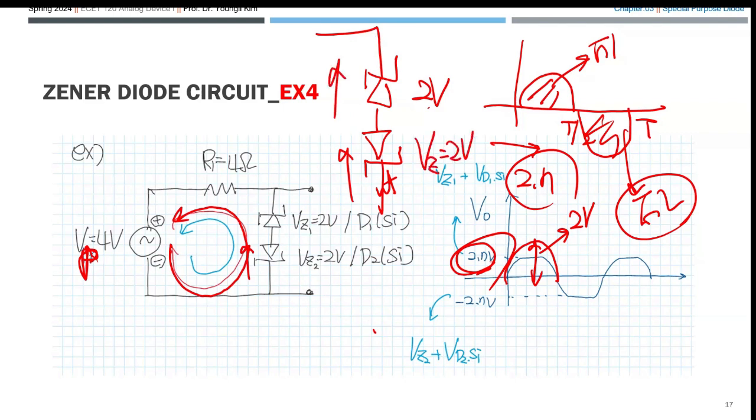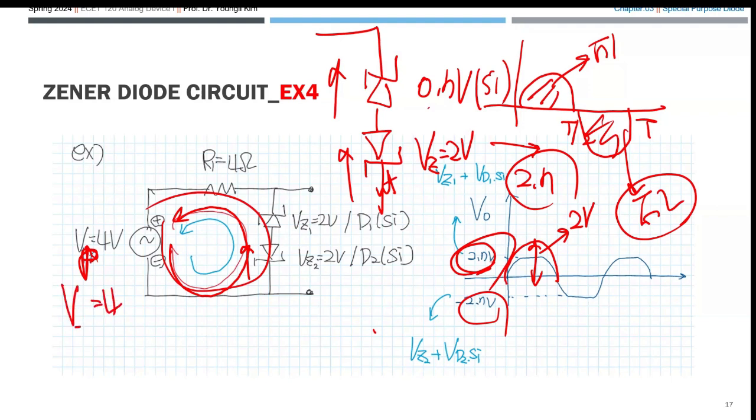This is the forward one. The silicon is 0.7, so that is also 2.7. But that was minus because that was from the minus to the plus. So the clipping is at 4 volt. For my mistake, please change it: not peak to peak, this is the peak voltage. I'm sorry. Peak 4 volt. All right. Any questions?